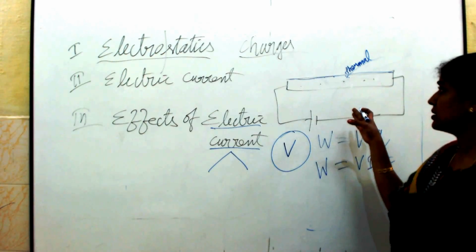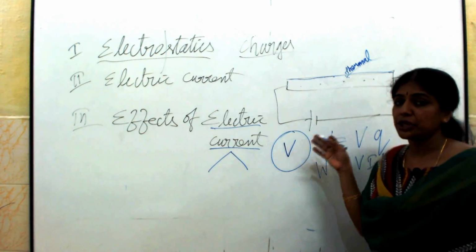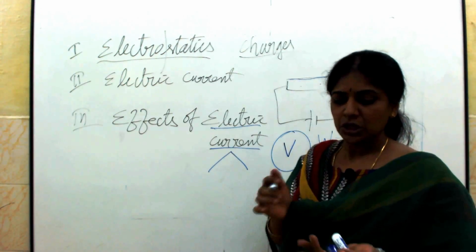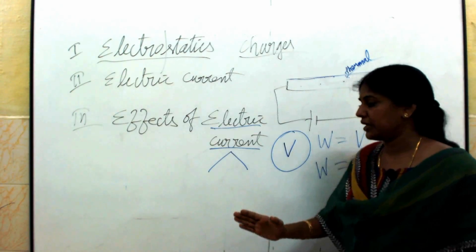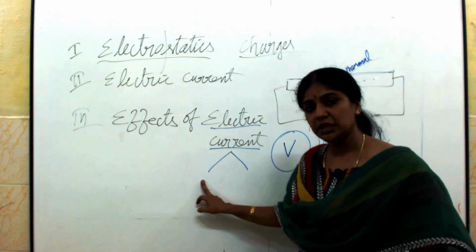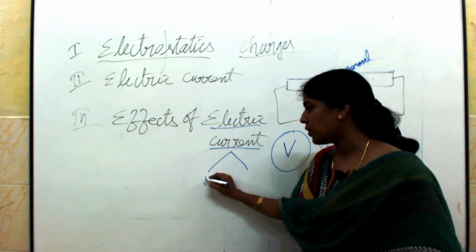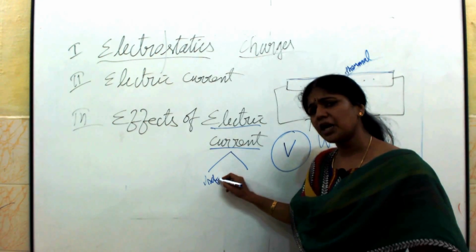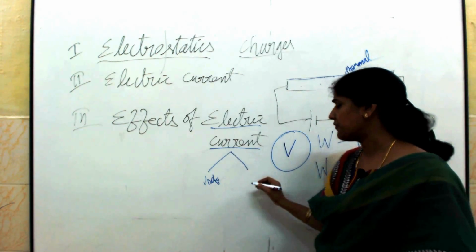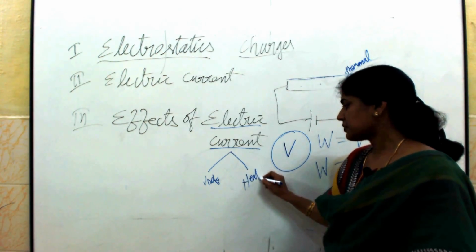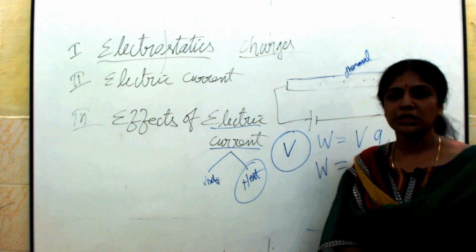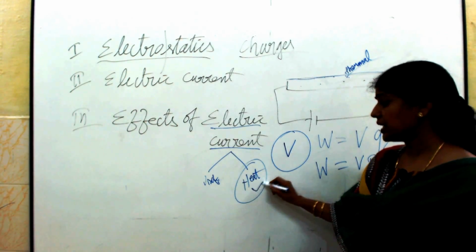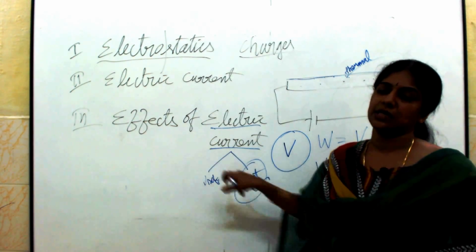This thermal energy we call the heat energy produced in the resistor. So whenever a current flows in a conductor, a part of the energy is used in doing some useful work and the remaining part of the energy is dissipated in the form of heat. This we are going to see in the third chapter, that we call the heating effect of electric current.